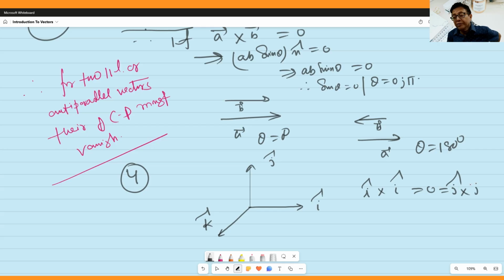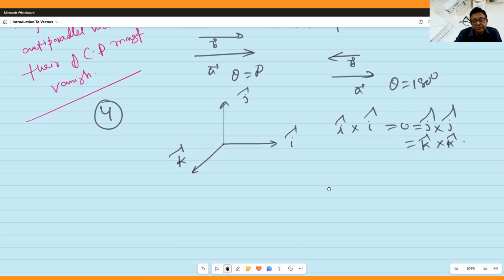This is J cross J, result going to be 0. This is K cross K, that is also 0. Okay? So the cross product between two similar vectors is 0. That's why I cross I is 0, J cross J is 0, K cross K is also 0. What about I cross J?